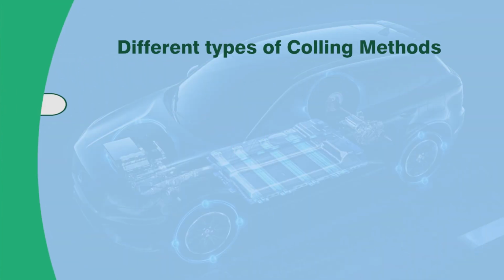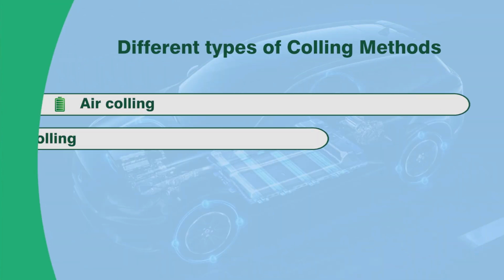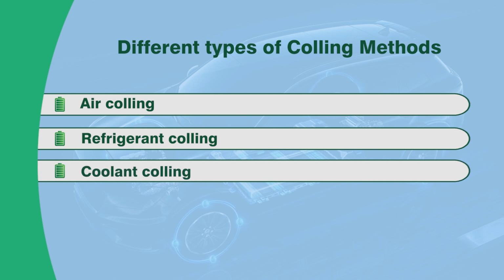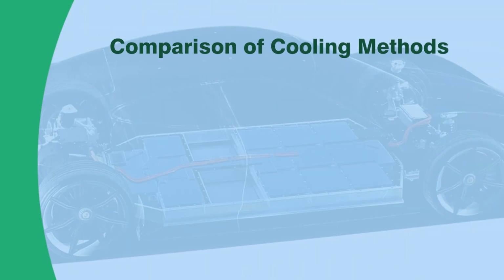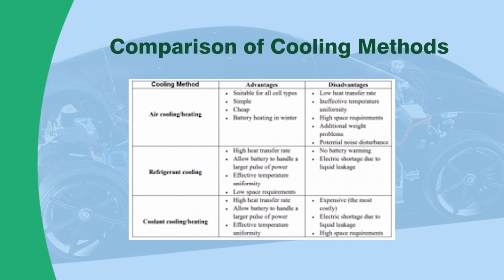Now, if we compare the cooling methods, so we have seen different types of cooling methods: the air cooling, the refrigerant cooling, and the coolant cooling. Based on a small comparison, each one has its own advantages and disadvantages. Like advantages of air cooling are, it is very cheap, but the effectiveness is not very high, which is the disadvantage.